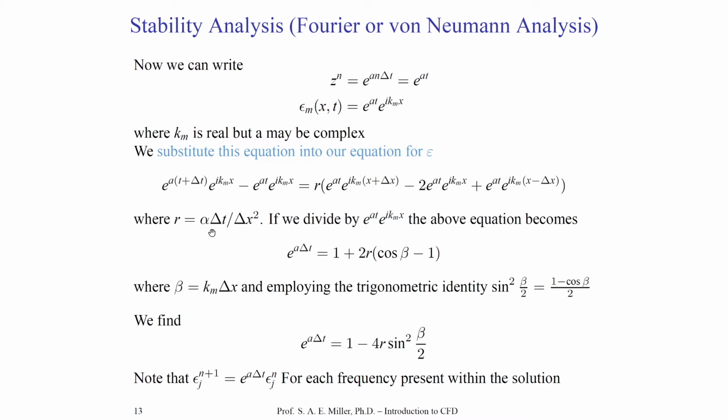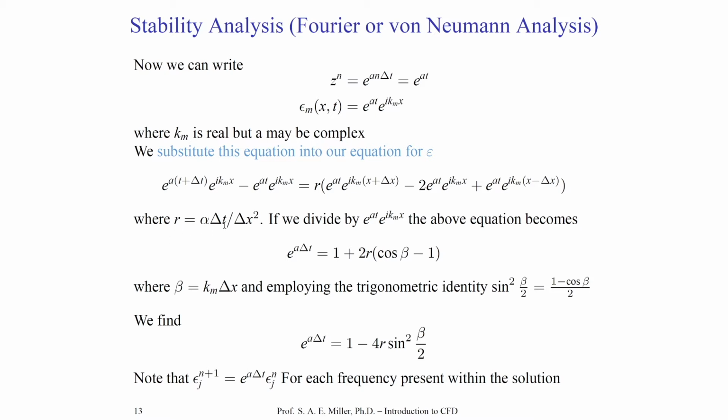Now alpha is always some positive constant coefficient for the heat conduction equation. Delta x is likely constant for the particular grid. What we control as a user and someone finding the solution is usually delta t, the time step size. That's a step which we advance in time. If we set delta t to be too large, r will be too large. It'll be larger than 1/2.